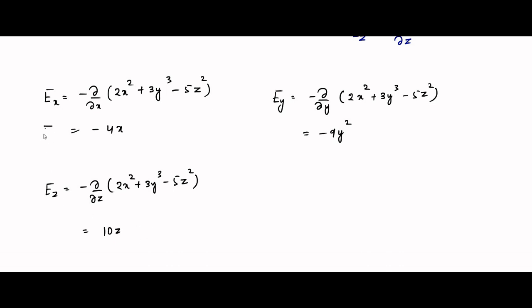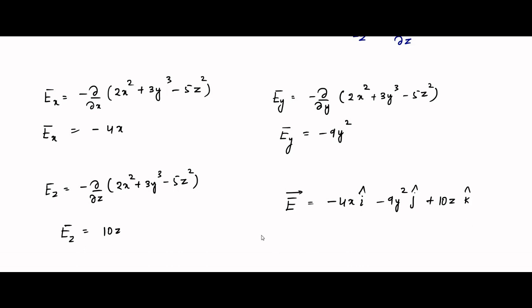So Ex is equal to this much, Ey is equal to this much, and Ez is equal to this much. So the electric field is defined by minus 4x i cap minus 9y square j cap plus 10z k cap.